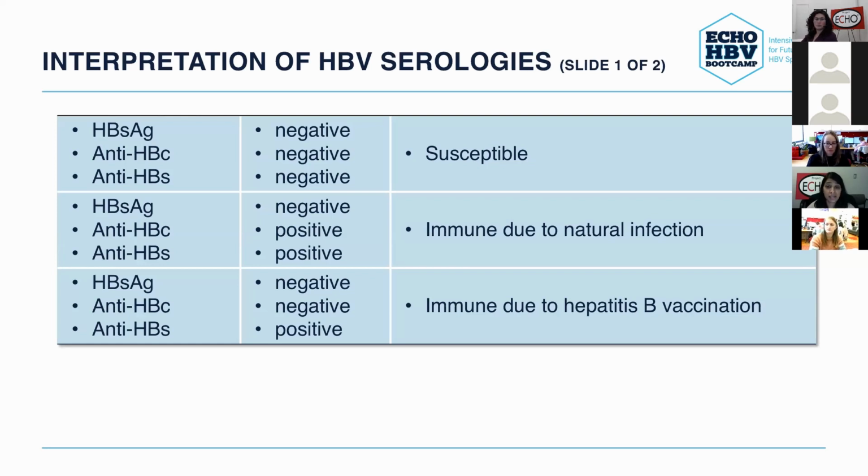Now, we've certainly seen in the last 4 to 5 years a bit of an uptick in the number of cases of Hep B, and those are typically in persons who were born prior to 1991.